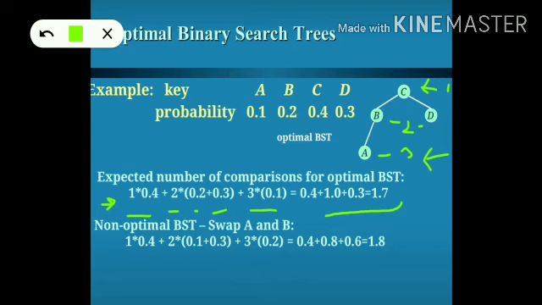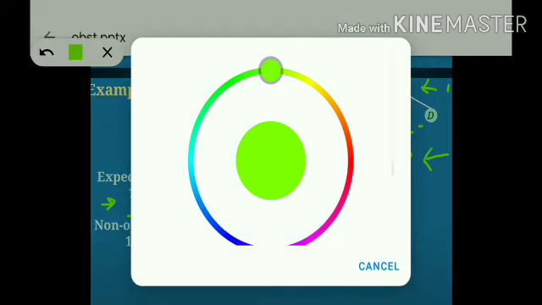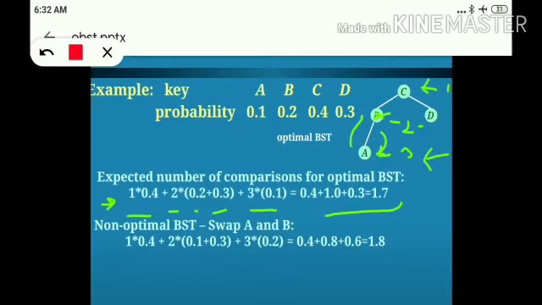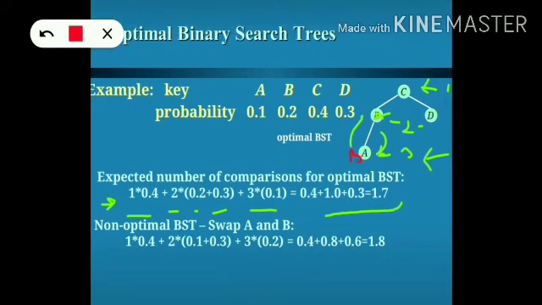Similarly, as I have told you, we can have multiple different binary search trees. One more example could be that we swap A with B. So let us say A is placed here and B is placed here.